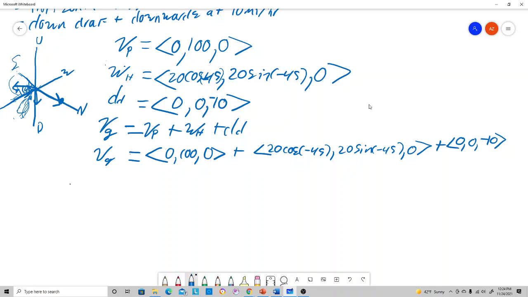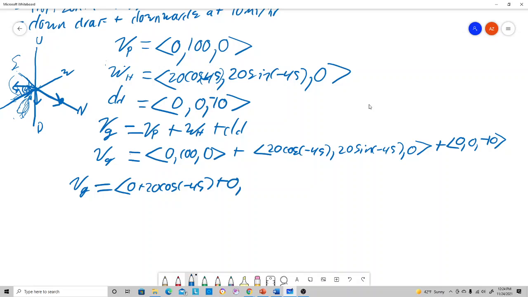So if we add everything up and turn it into one big vector, we can say 0 plus 20 cosine negative 45 plus 0, that's our x component.